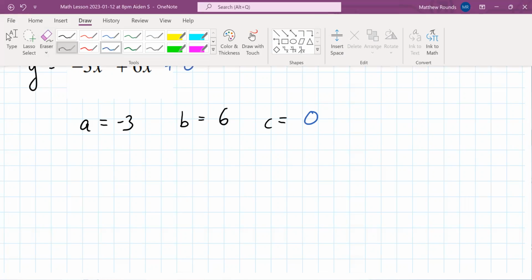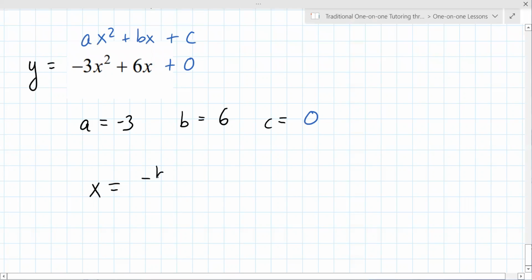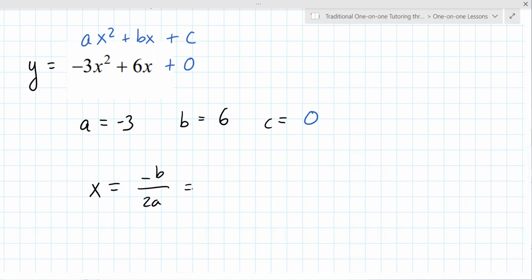So the formula is x equals minus b over 2a. I'd like you to calculate that for us, please.